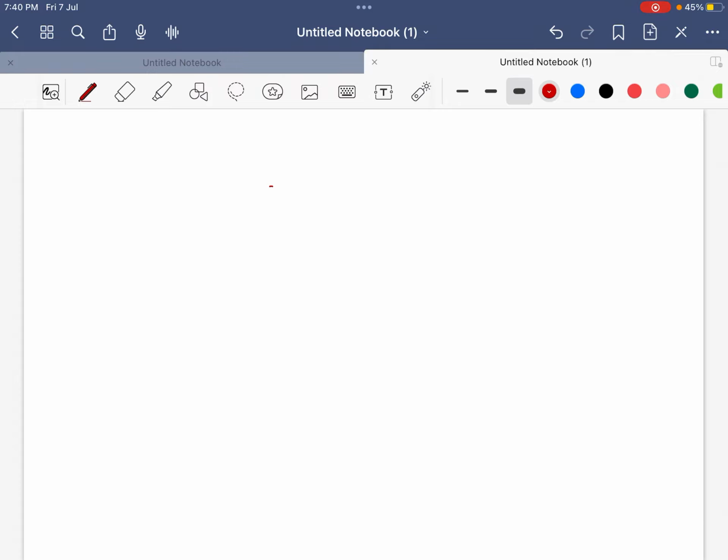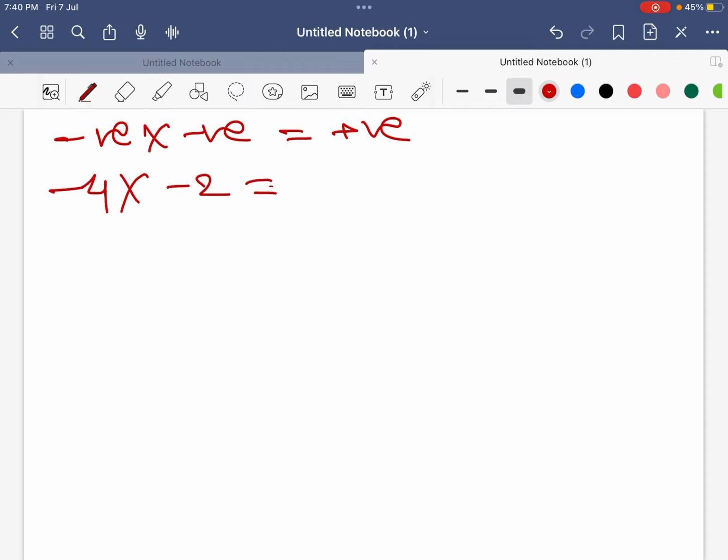Now let's move to the second case. What is the second case? Take an example, if both the numbers are negative, so we know that negative multiplied by negative, your answer is positive. Take example, -4 multiplied by -2 is equal to, we know that minus into minus is plus, 4 2s are 8, so your answer is +8.